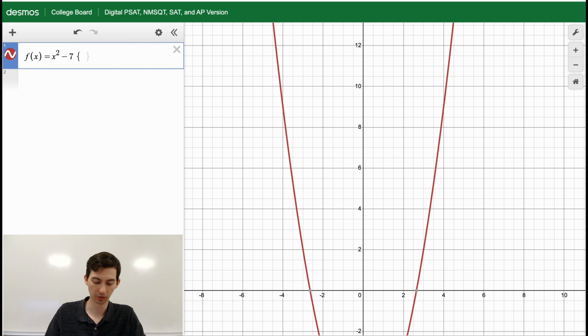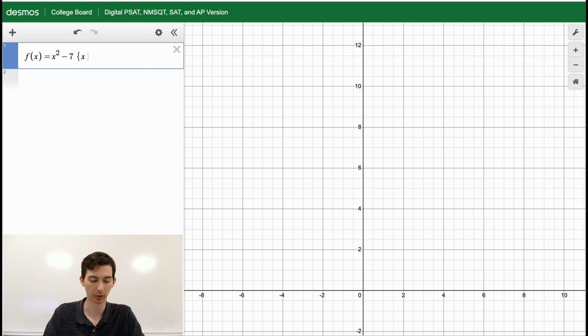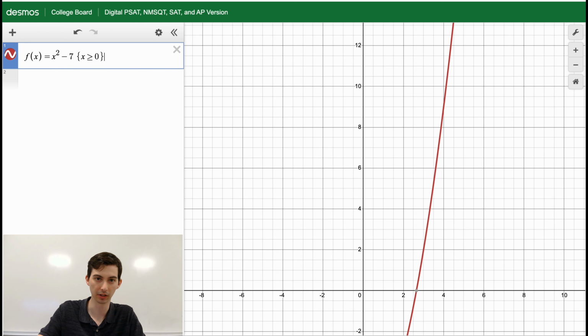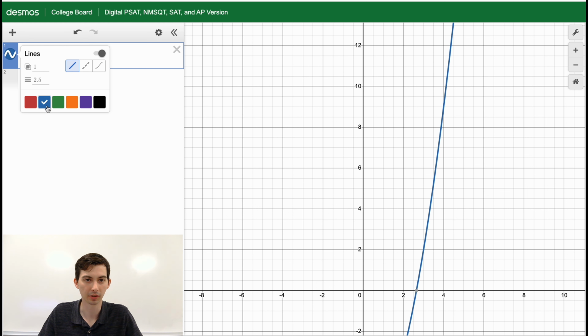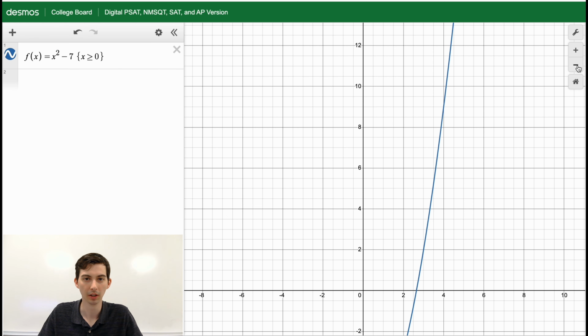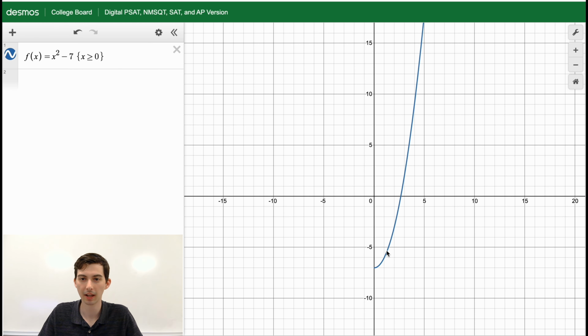Okay? And then to add in the restriction, I'm going to do my squiggly bracket and say x is greater than or equal to 0. So I'm going to change this graph to blue. And I see I have basically half of a parabola here. So we're going to find the inverse of just this half.